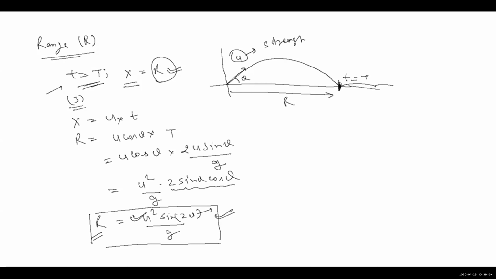If you are here and you throw a particle in an upward direction, the range will be zero. Whatever speed you throw, the range will always be zero. It will go up and come down, and be here. You make some angle, there will be some range. You change the angle, the range will change. You throw it horizontally, it will drop here only. So the range will be a function of theta.